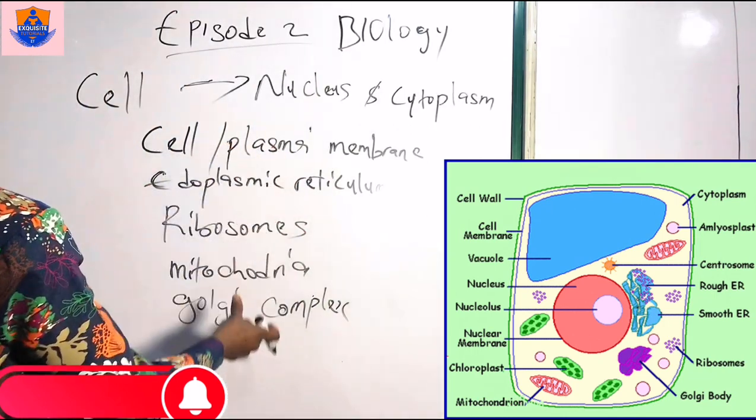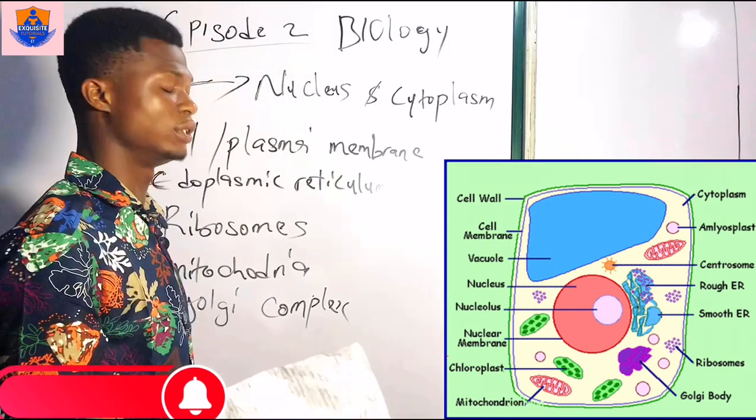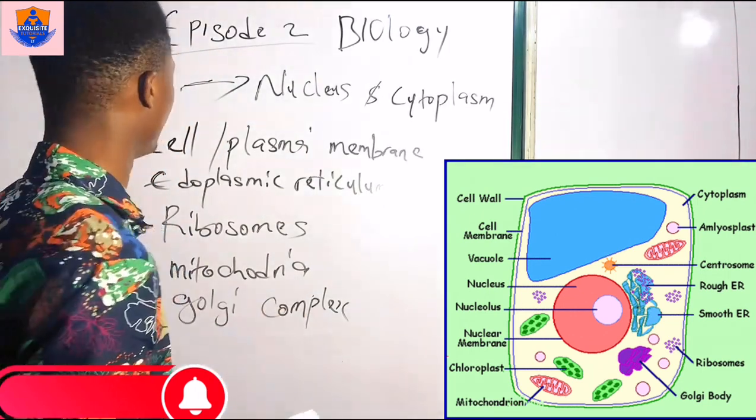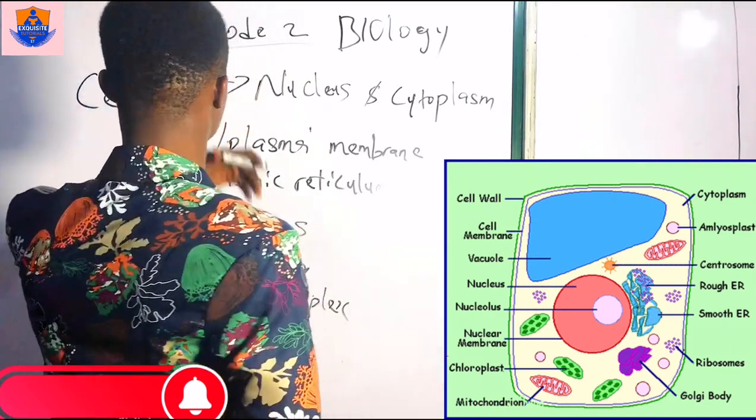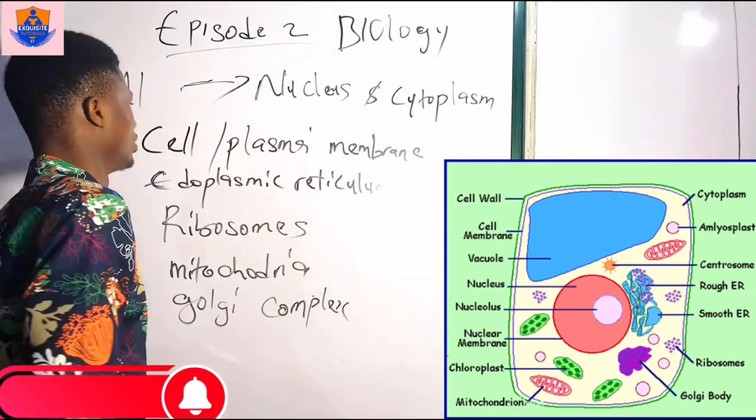Now, these are the major components of the cell that you should be aware of. There are more components of the cell, like the centrioles and the rest of it, but you should be aware of these major components of the cell.